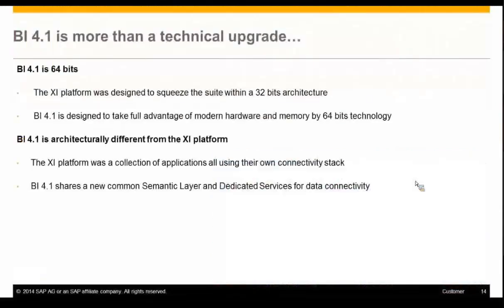The first thing for you to know, an important thing, from when we did the initial escalations in early to late 2012, the very basic thing for customers to know is that BI 4.1 is a 64-bit application, whereas 3.1 and the earlier releases were a 32-bit architecture.